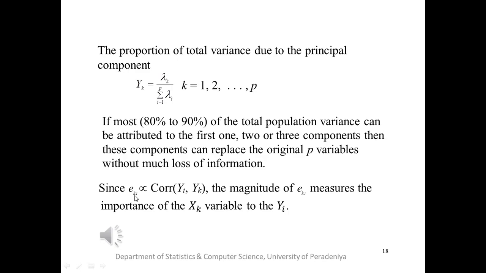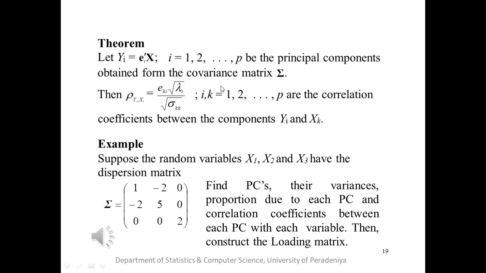Since eik is proportional to the correlation between yi and xk, we can use it to find the importance of the xk variable to the ith principal component. To find the correlation between the principal component yi and the variable xk, we can use this formula.